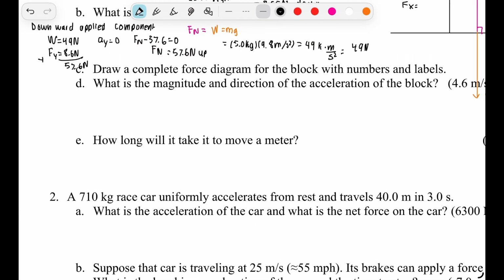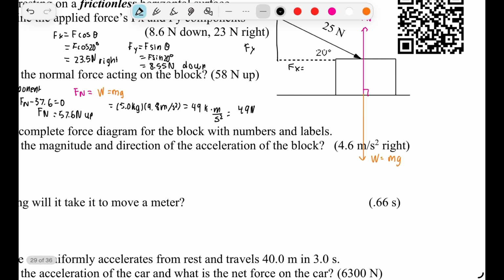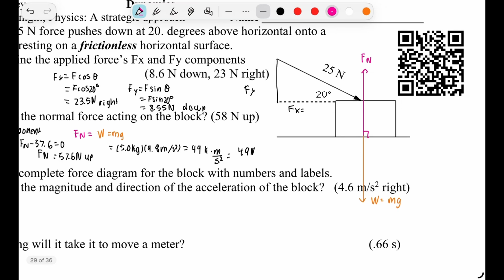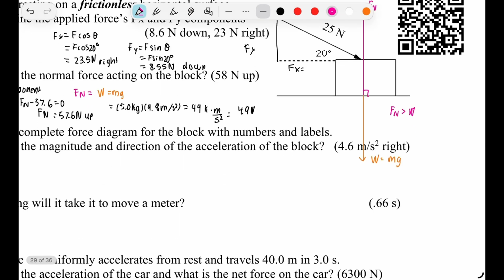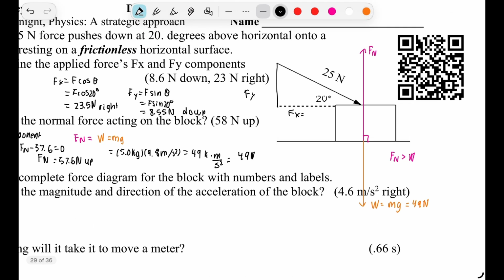Draw a complete force diagram for the block with numbers and labels. On the block, you have the normal force. This normal force is actually going to be larger than the weight. Now your weight, you're going to have 49 newtons down. And our applied vertical is going to be equal to 8.6 newtons.